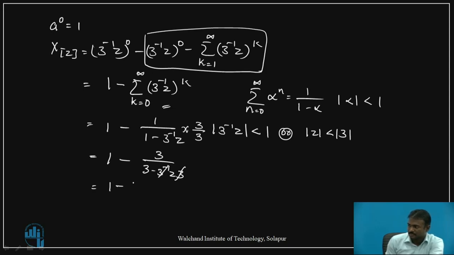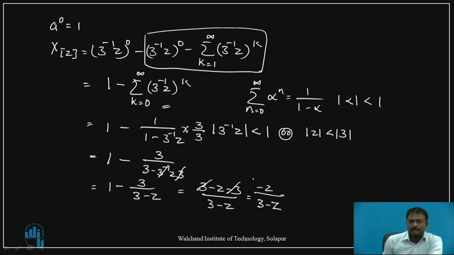So this will be written as 1 minus 3 divided by 3 minus z. Further, this will be simplified as (3 minus z minus 3) divided by (3 minus z). So 3 and minus 3 will cancel. So this will be written as minus z divided by 3 minus z, where ROC is mod z less than mod 3.